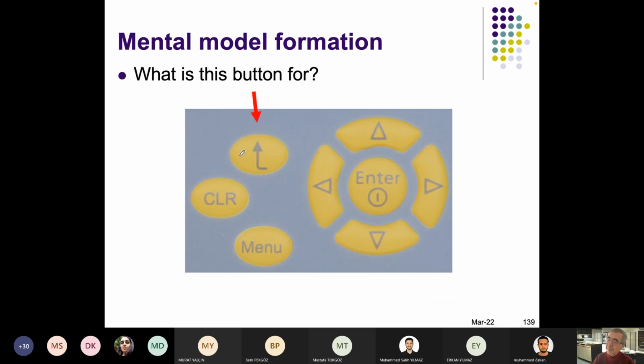When you see something like this, usually you associate it with what? Back. Go back. It is a learned fact. So when you need something like a back function, you can use this kind of icon, arrow.